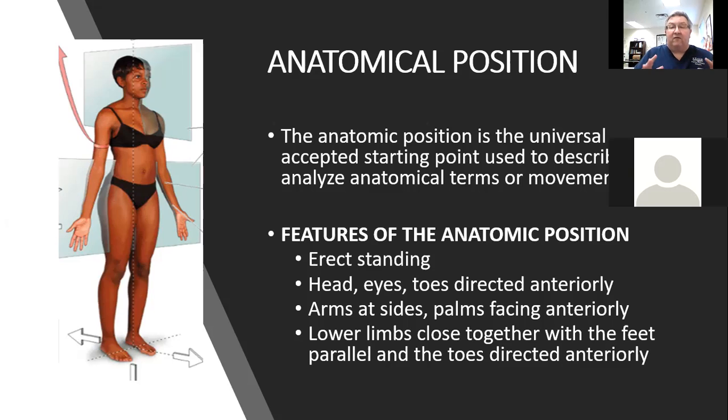So the important features, and this is something you will be tested on, and they have actually asked this question on the national exam. Some of the features of the anatomic position is that you're going to be standing erect, standing straight up. Your head, your eyes, and your toes are directed anteriorly, directed to the front.